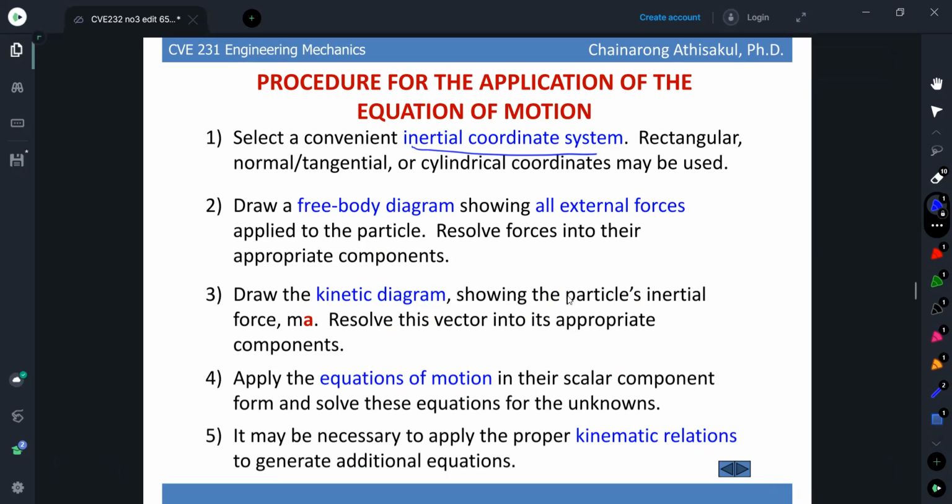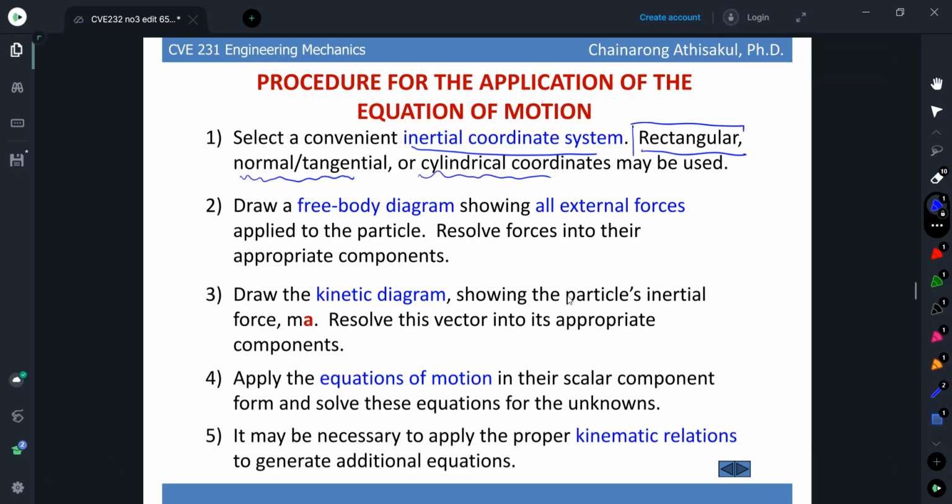But for this video, we will focus on the rectangular components first, and in the next topic, we will talk about problems where normal and tangential components or a cylindrical coordinate system may be more convenient.